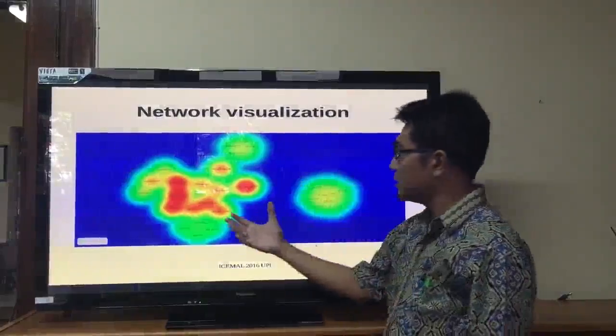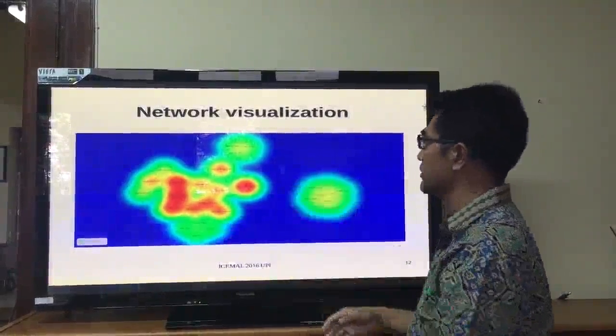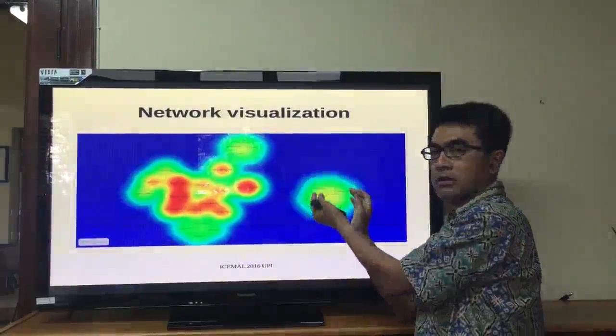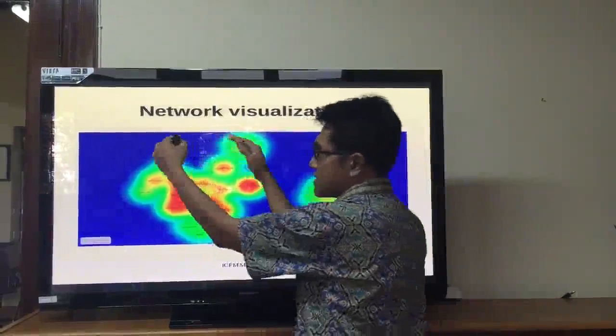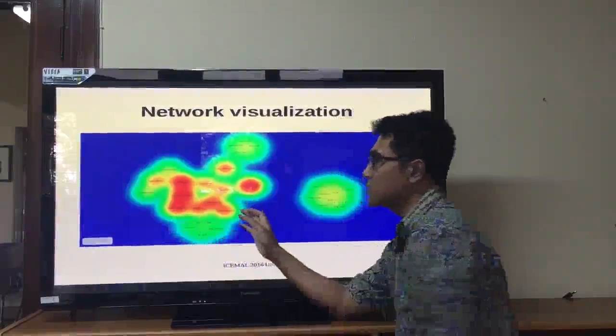So if we try to interpret this chart, this cluster talks more about the non-physical aspect of groundwater, whereas this cluster talks more about the physical aspect.